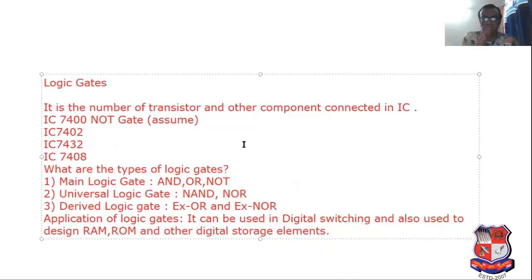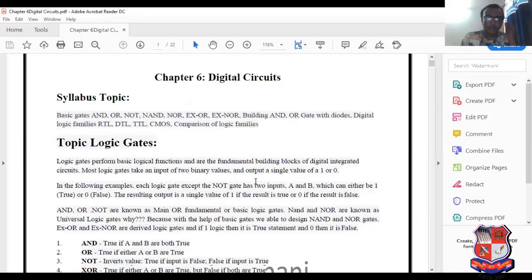Logic gates perform the basic logical functions and are the fundamental building blocks. What is the input of a logic gate? Either 0 or 1. Either 0 or 1 can be considered as the input of a logic gate, and it can operate with digital signals only.